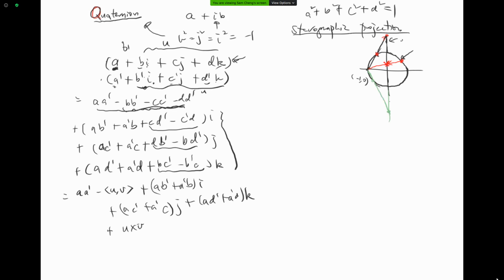So we say I only have the regular complex number with only one type of imaginary part. For the quaternion, I have three imaginary parts.